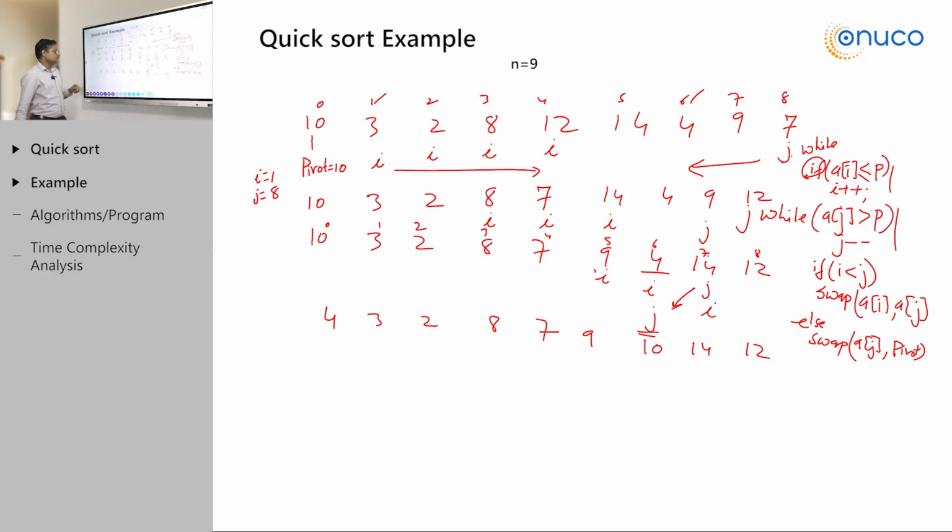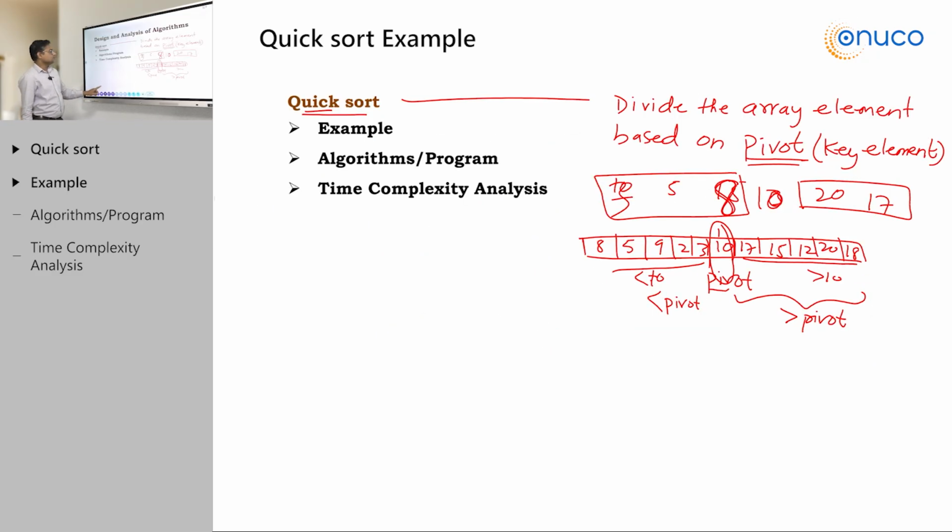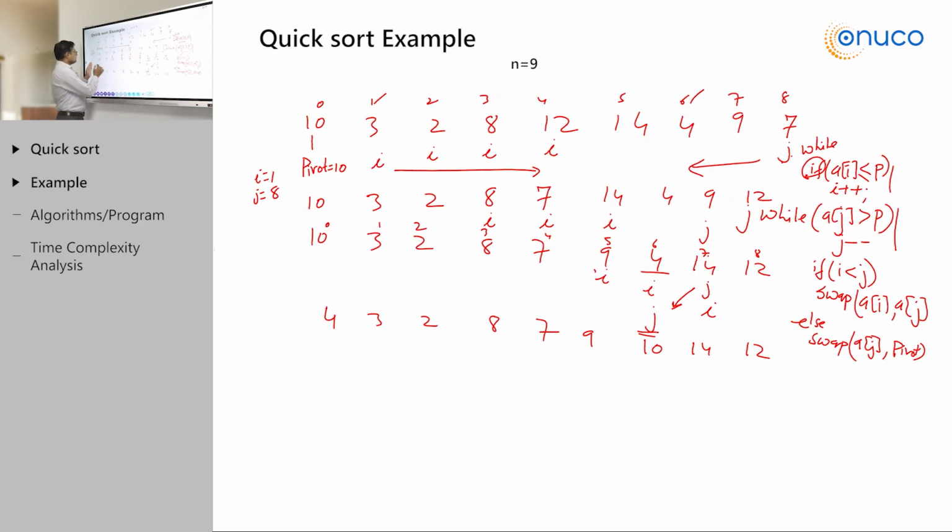What I said earlier, friend, is that pivot is a position which divides the array into two parts in such a way that the left side of the pivot element is lesser and the right side of the pivot element is greater than the pivot element. So same thing we are experiencing here after the first iteration, after swapping. We got 10, these are the pivot elements.